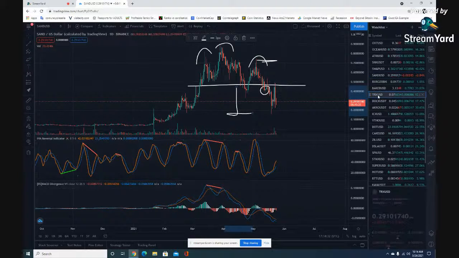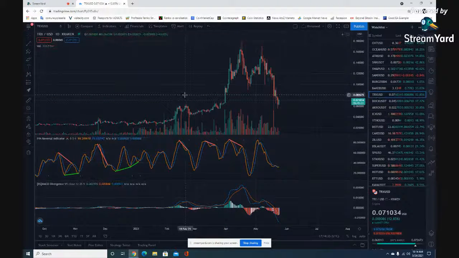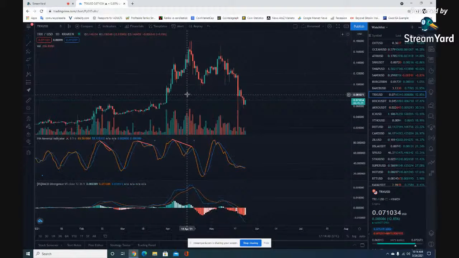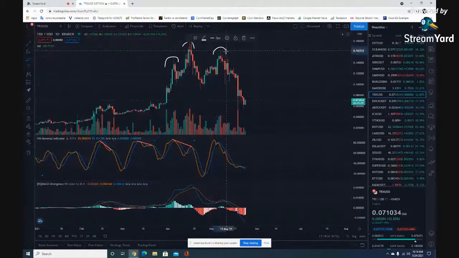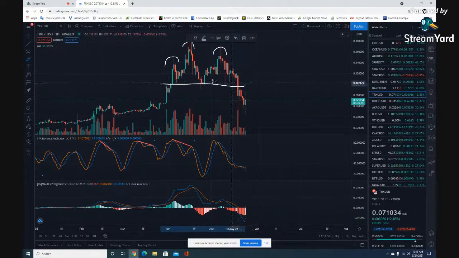And if we look here, look at Tron. People talk about the Wyckoff pattern that Bitcoin has done. But if you look at all the coins out there, take a look at it, guys. This is not people talking about market manipulation. No, this is the big guys have been accumulating for a long time, and now they're distributing.